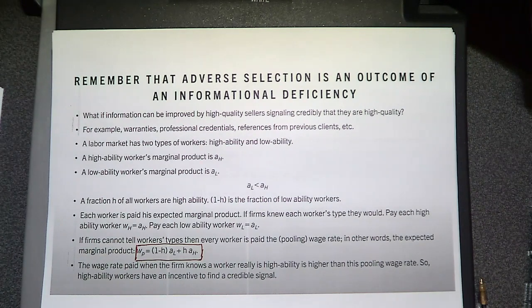And remember that the marginal product of labor equals the salary.